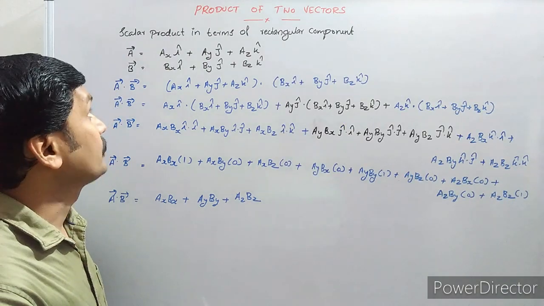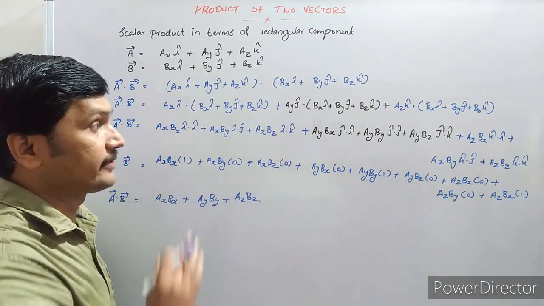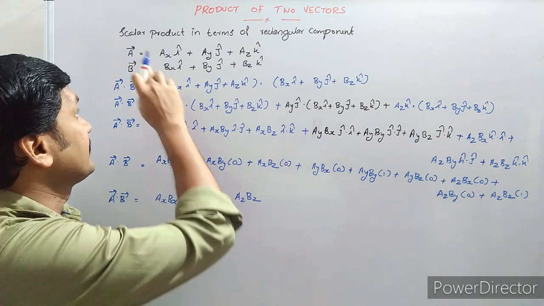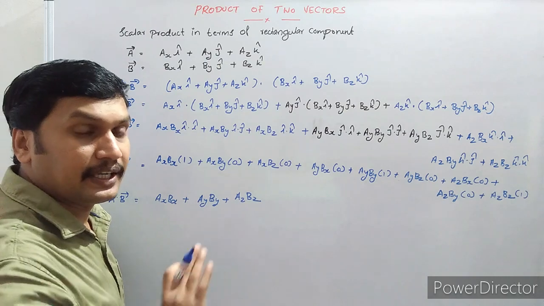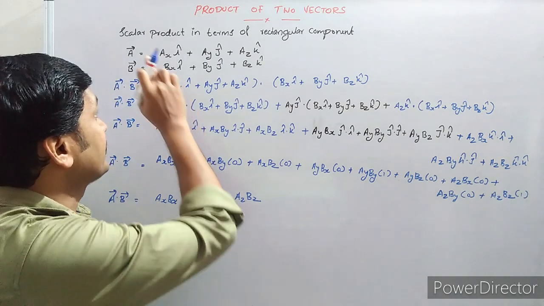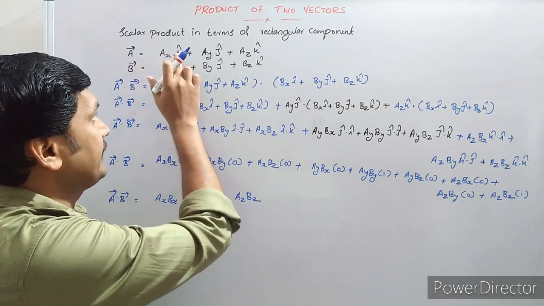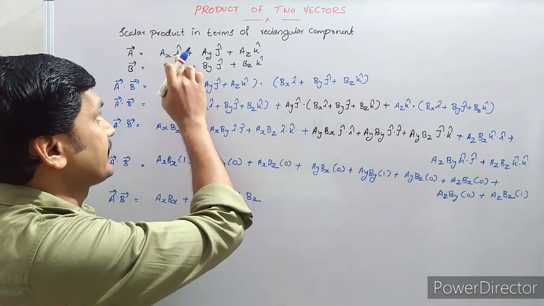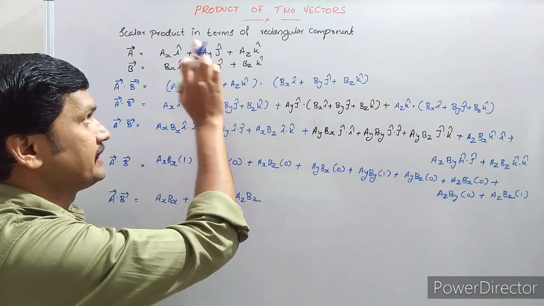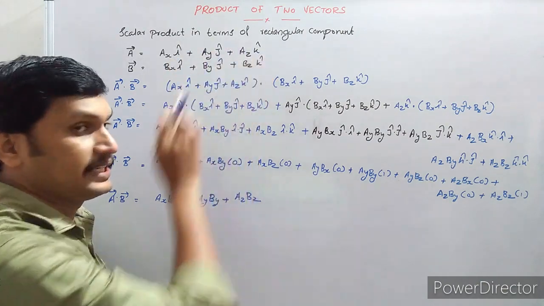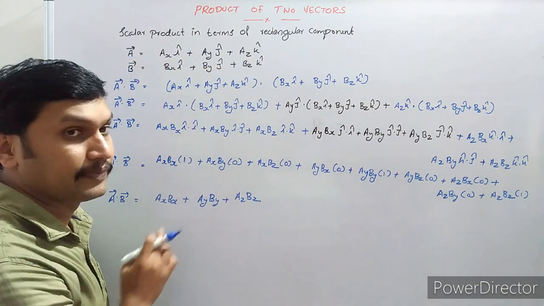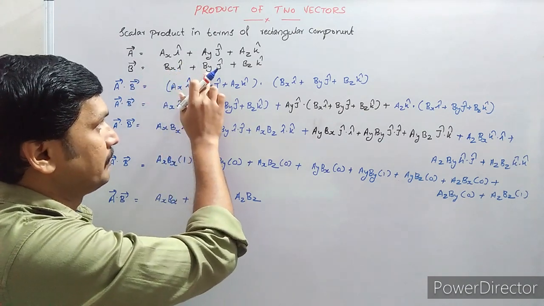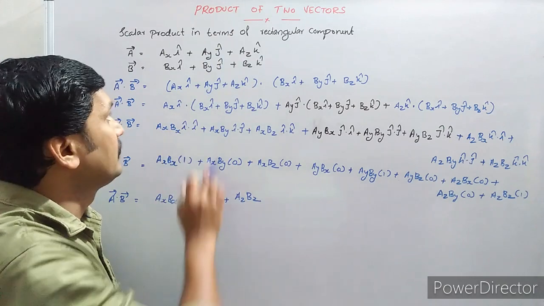Now see how to take the scalar product in terms of rectangular components. For that, two vectors A and B are given in the form of rectangular components. That's A equal to AxI plus AyJ plus AzK. AxI is the x component, AyJ the y component, AzK the z component of vector A. Similarly, vector B is equal to BxI plus ByJ plus BzK.